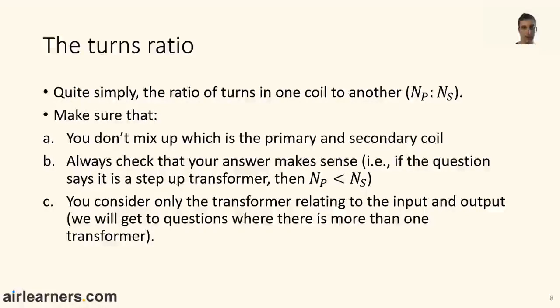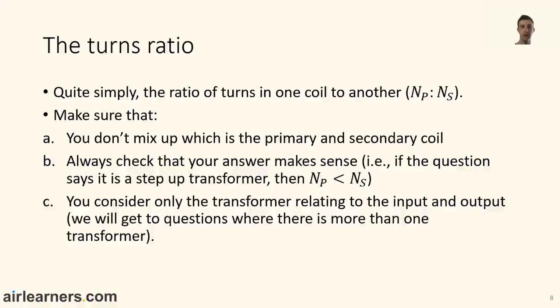The turns ratio is just that ratio of turns of the coil from the primary to the secondary. If, for instance, you are given a question, you should always make sure of these 3 points kind of in order as well. Don't mix up which ones are the primary and secondary coil, and make sure that your answer is logical. So if the question says it's a step-down transformer, then the primary coil is going to have more turns than the secondary coil, and vice versa is true.